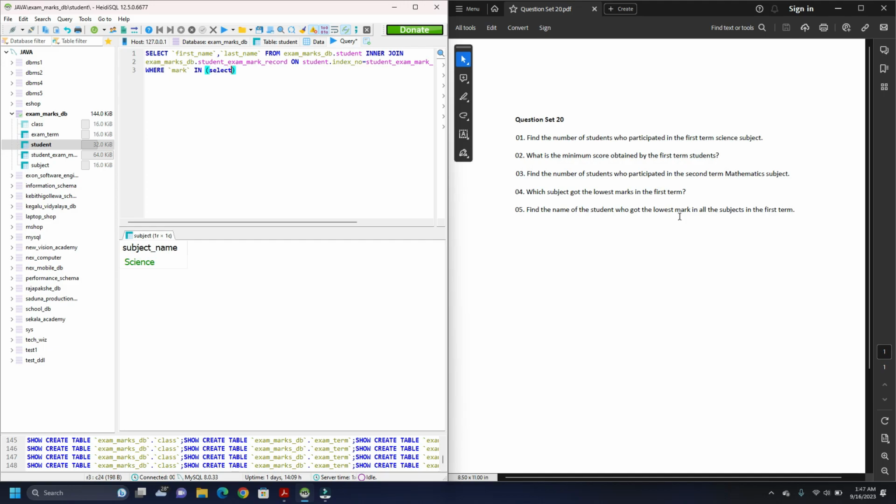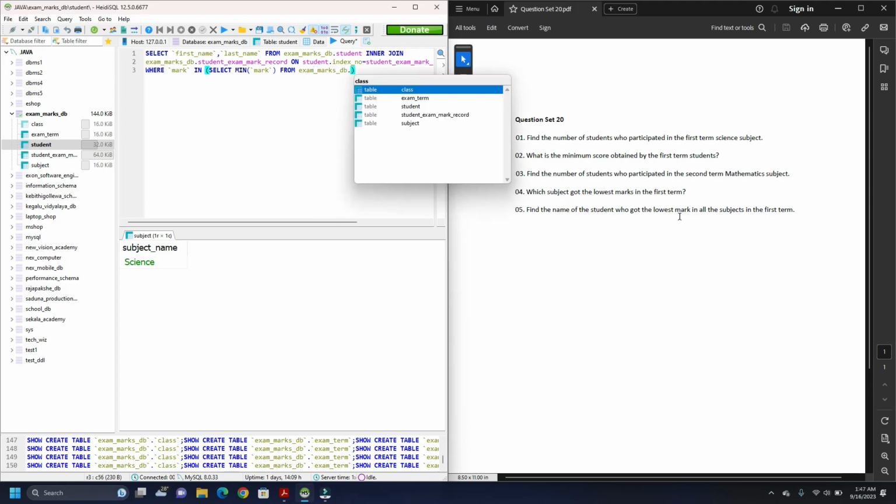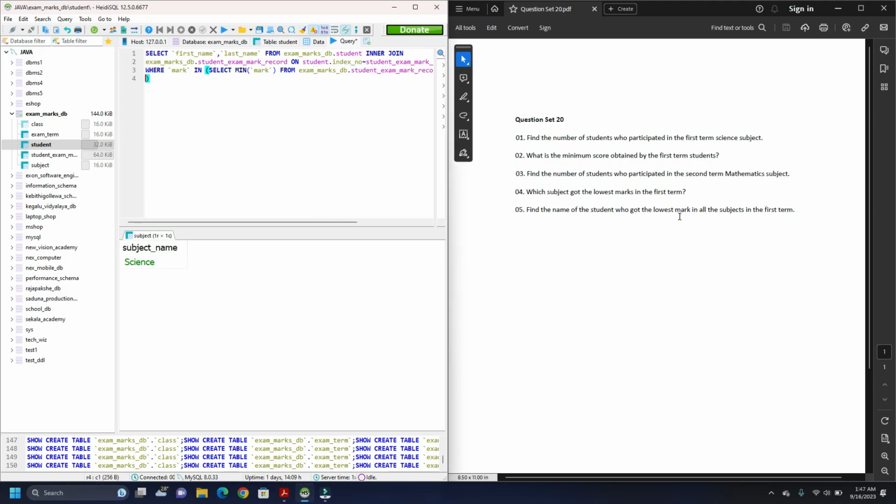So select min mark from student exam mark record table, inner joining it with exam term table on.